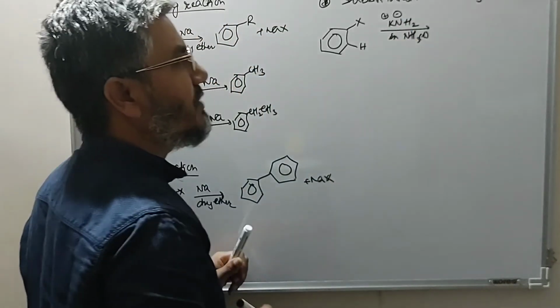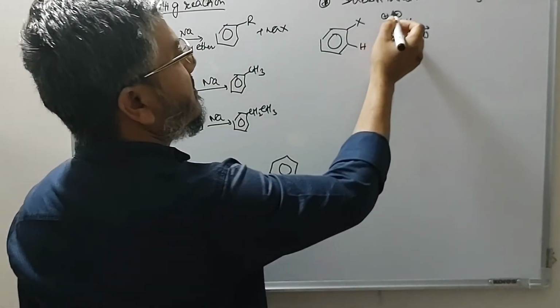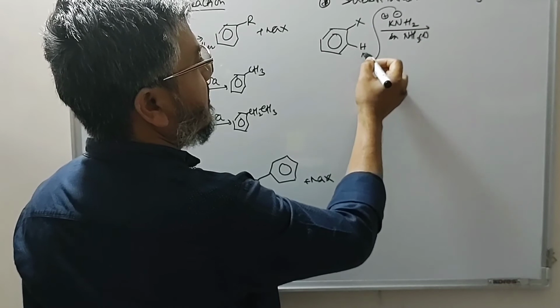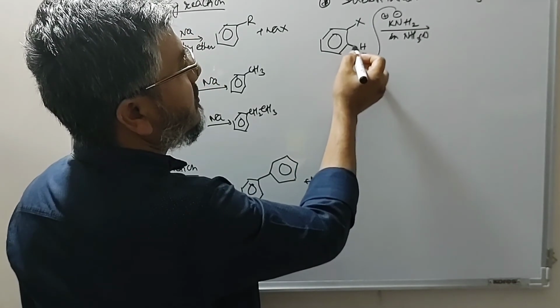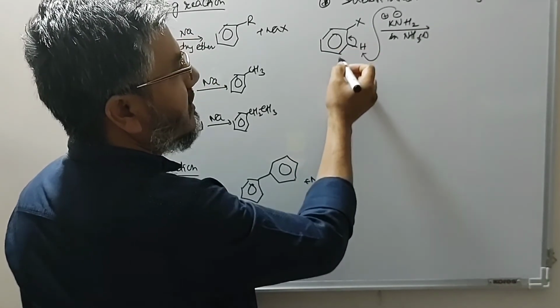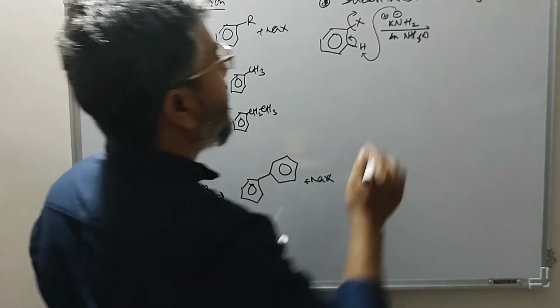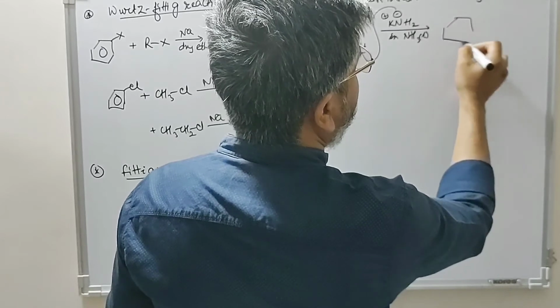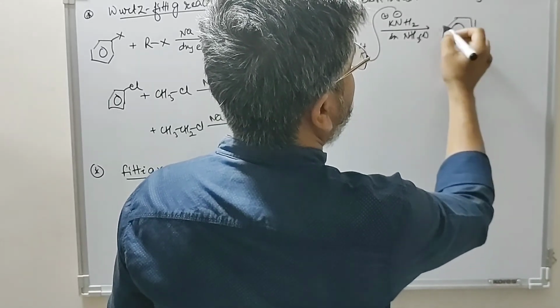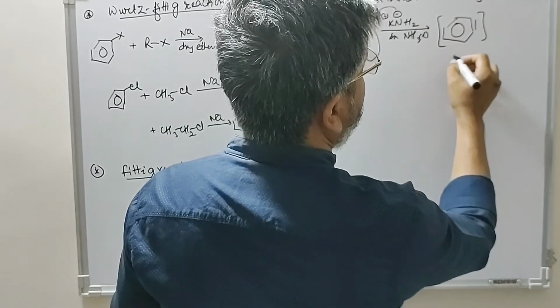So this base abstracts this hydrogen, and this electron pair is transferred to the carbon, and the chloride leaves the system. So this gives you a very reactive intermediate which is known as benzyne.